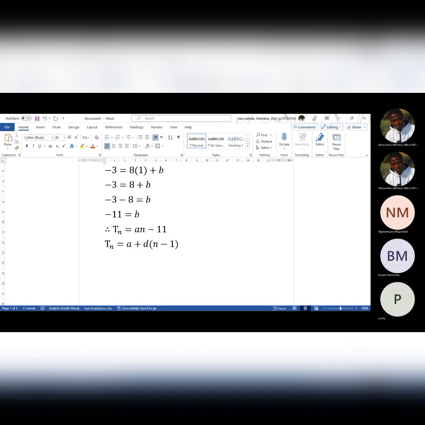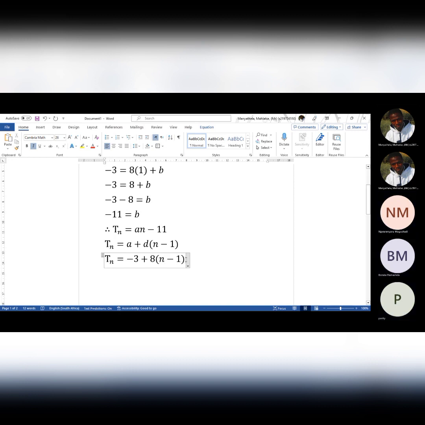Different approaches, same results. So we're replacing A with negative 3, and D, which is 8.